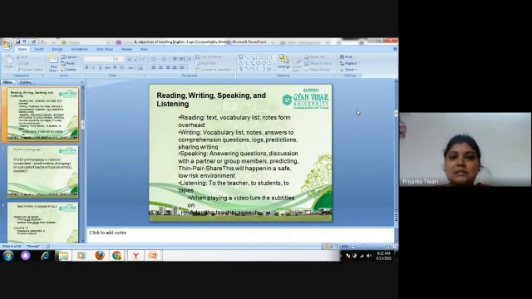As we know, this is the sequence of language: listening, speaking, reading, and writing. This sequence is very important. Reading means texts, vocabulary lists, novels, themes, and notes from overhead.